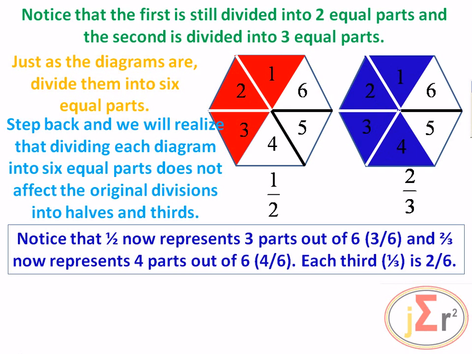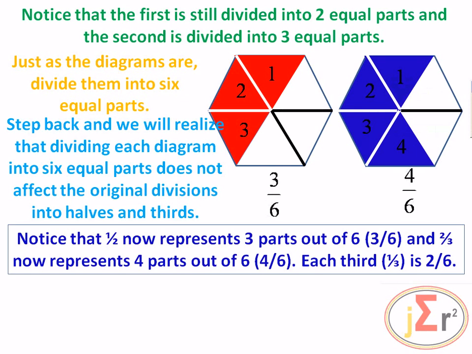Each third is 2 parts out of 6. So 1/3 is 2/6. And a half is 3/6. So the half is 3/6 and the 2/3 represent 4/6.